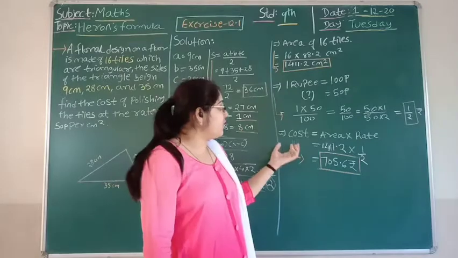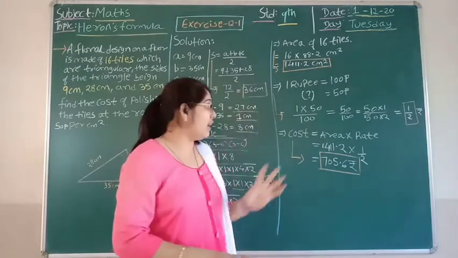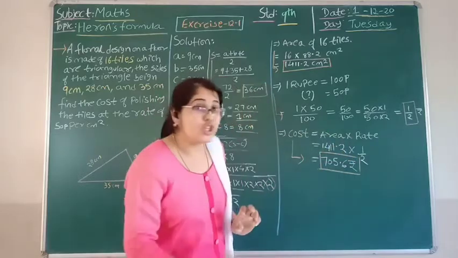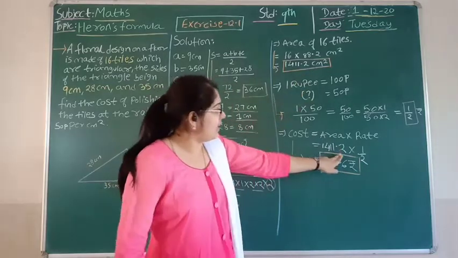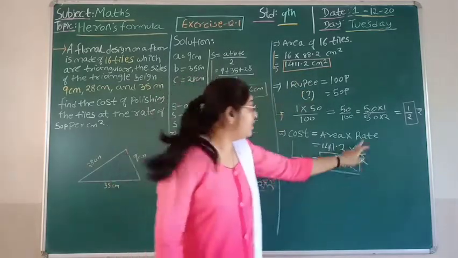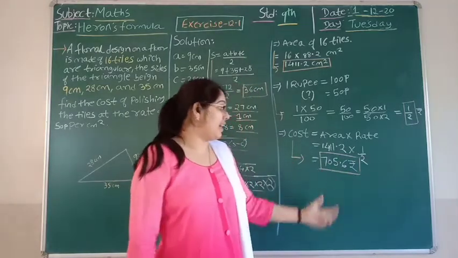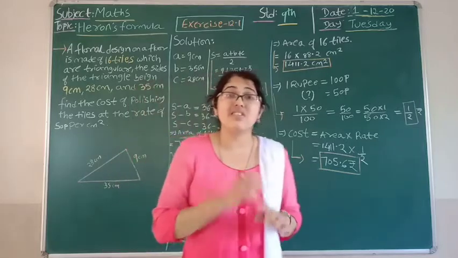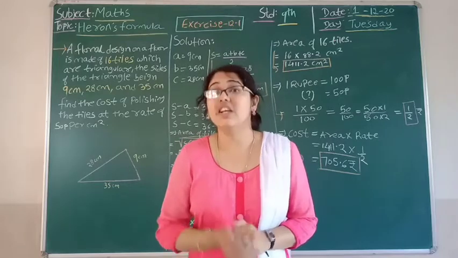The main thing is we need to find the cost. The formula we applied is cost equals area into rate. Make sure you write the area for 16 tiles. So that is the area written over here. I have written the rate over here, and then I have multiplied this, so I am getting the answer 705.6 rupees. So students, this is how you can solve the 8th sum of Exercise 12.2.